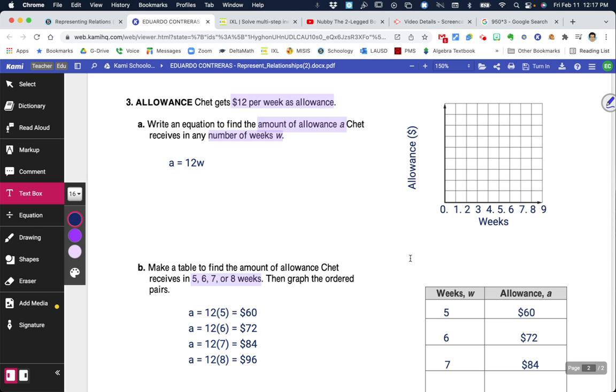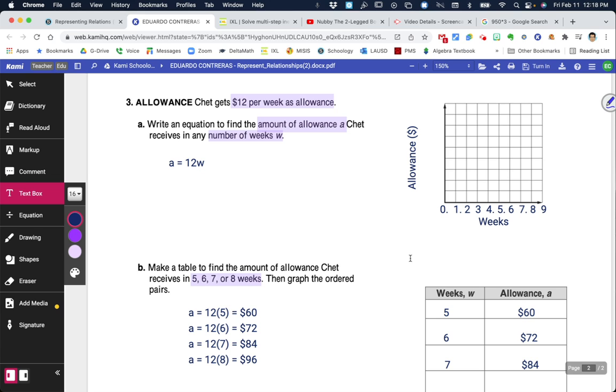But we got 9 spaces, so counting by tens is not good enough. What other value might be helpful that we could still use? So we want to go a little more than 10, but maybe 20 is too much because, what's 20 times 9?